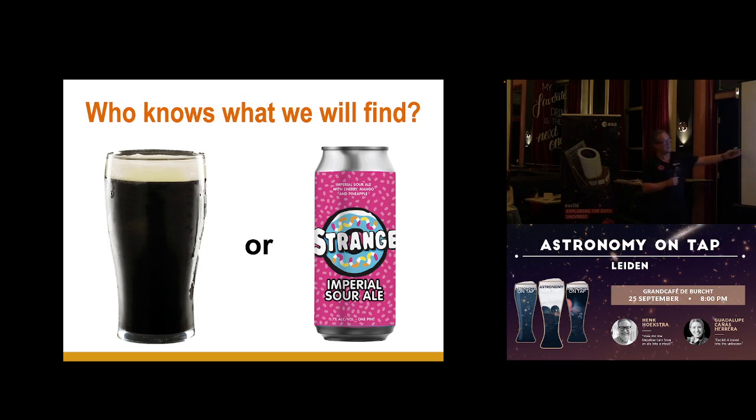So perhaps it's just a glass of Guinness, which is still the best model we have for the universe today. Or maybe it's something I don't like, sour but strange, and maybe some people like pink stuff. So who knows what the universe is like? Euclid is the best bet for us to find out. Thank you very much for your attention.